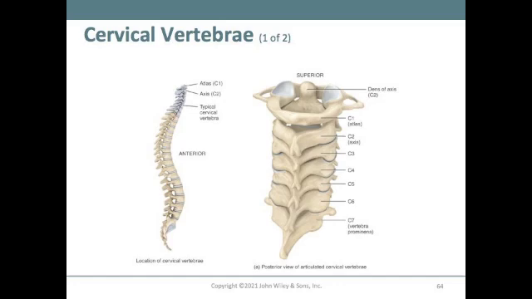So this is what we call C1. Each of the vertebrae is numbered from superior to inferior. So if I asked you on a quiz or an exam, is a C1 vertebra superior to a C6, that would be true. Now, if I asked you if an L1 is inferior to a T1, is that true or false?